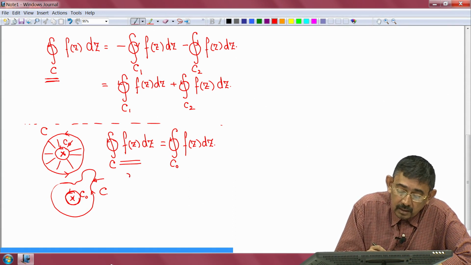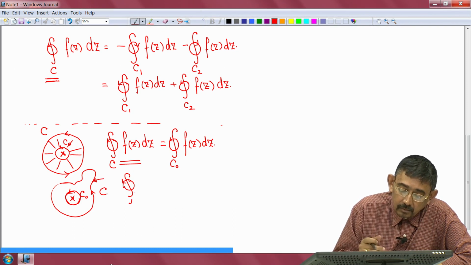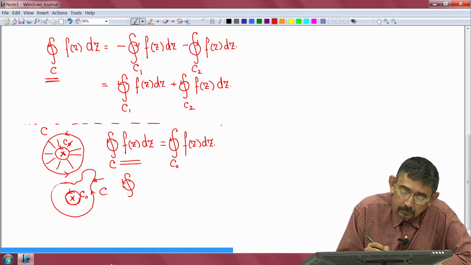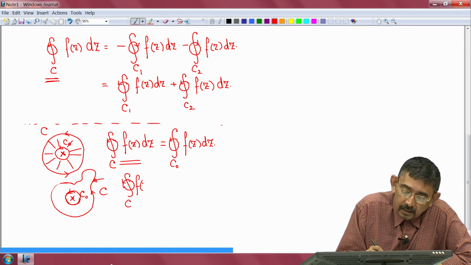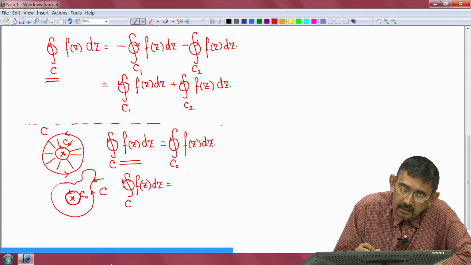So, this outer integral over C of f of z dz will be identical to the integral over the convenient contour of my choice C0 of f of z dz. Okay.